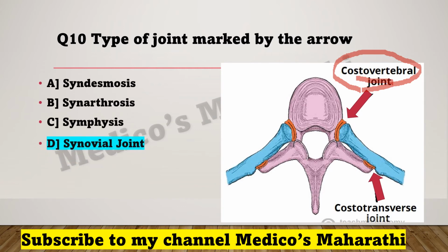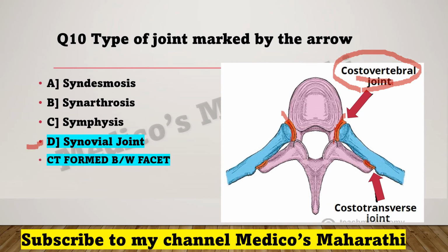So here the correct choice is synovial joint, because first thing is that you must know this joint is the costovertebral joint and the costovertebral joint is a subtype of synovial joint.